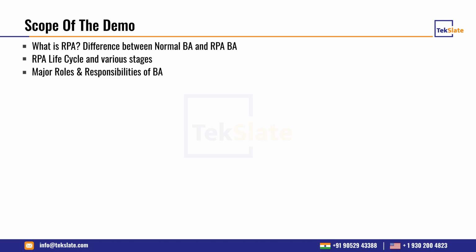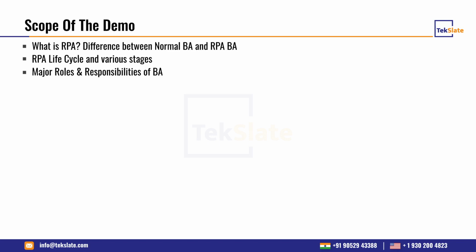First we will understand the exact difference between a normal BA and an RPA BA. As we are in RPA BA training, we should first understand what a business analyst is, what an RPA business analyst is, and what a BA does versus what an RPA BA does.